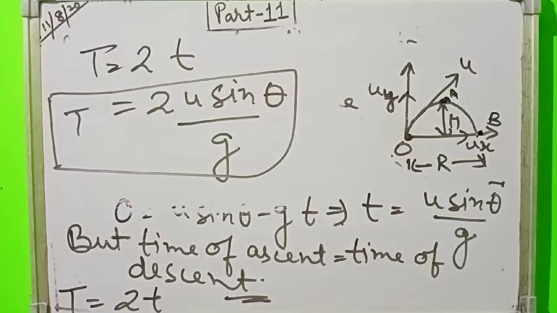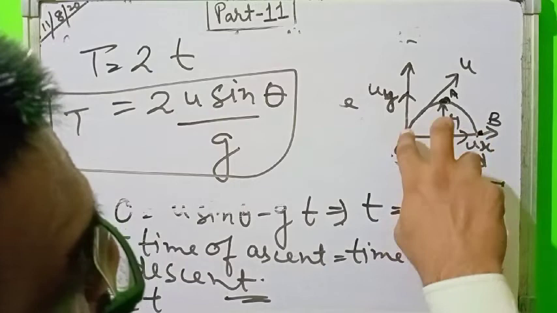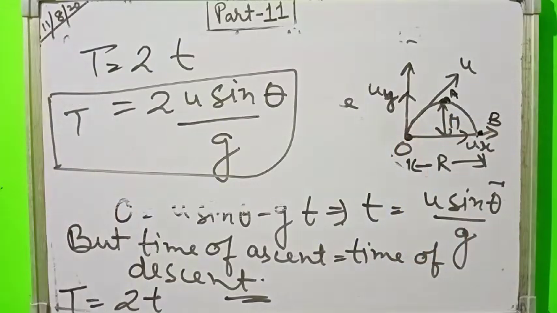Now we will discuss the horizontal range. Horizontal range means the total horizontal distance covered by the projectile while coming to the same level.